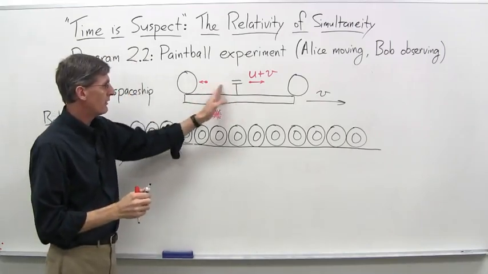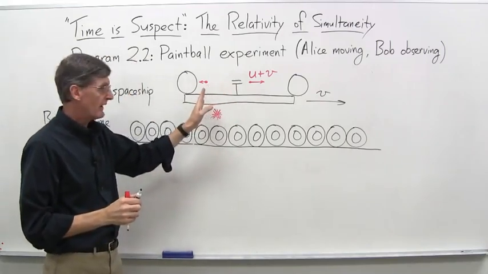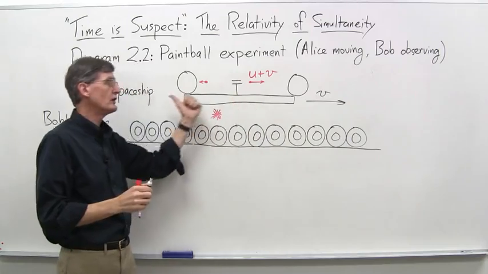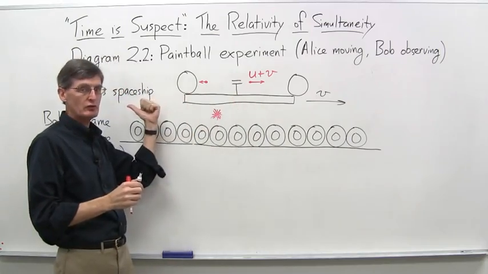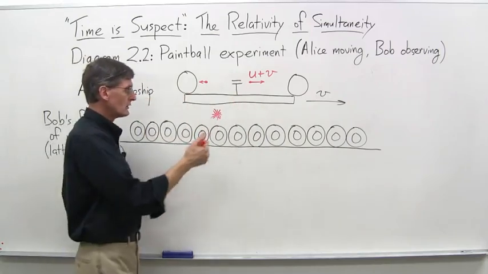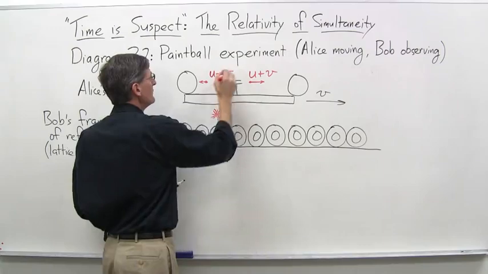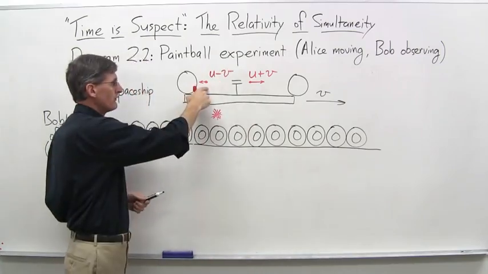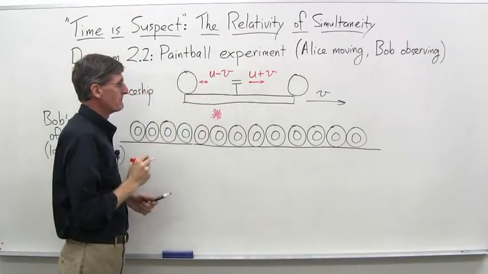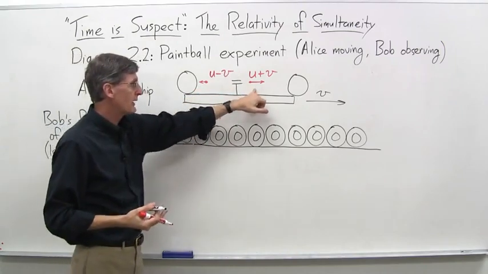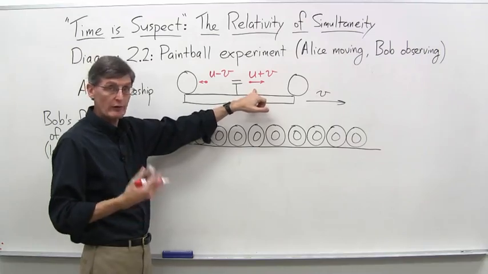Meanwhile, for this paintball, the gun was moving that direction with velocity v. It was shooting it this way with velocity u, and so its velocity is going to be u minus v for this paintball. So this paintball will actually be traveling more slowly. This paintball will be traveling more quickly.